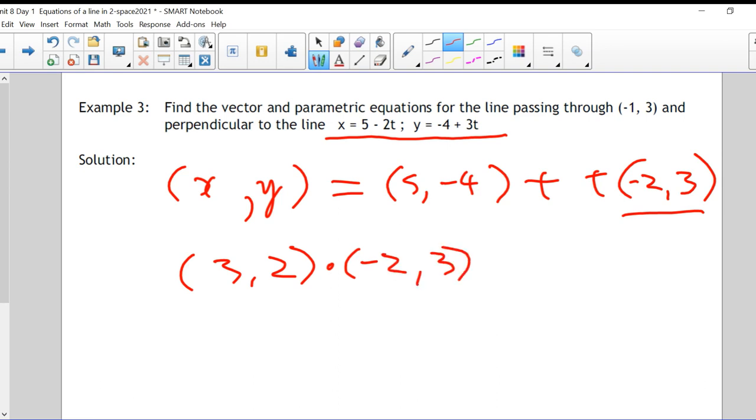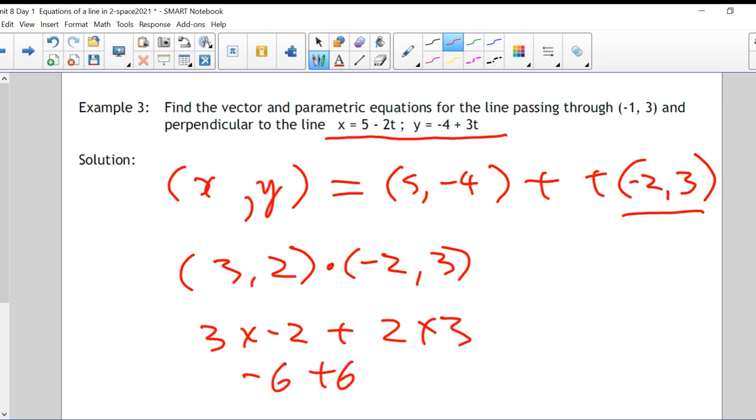Because the dot product of two vectors that are perpendicular is 0. Isn't that true? We learned this yesterday, and in fact, I showed that to you earlier on today. What is the dot product of these two vectors right now? It's going to be 3 times minus 2 plus 2 times 3. Well, that's minus 6 plus 6.